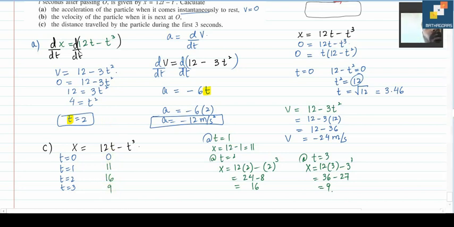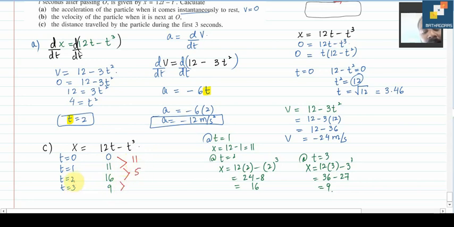Alright, so we need to find out the distance the particle traveled during the first 3 seconds. During the first 1 second, the particle travels 11 minus 0, it's 11. In the time from 1 to 2 seconds, the particle travels 16 minus 11, it's 5.